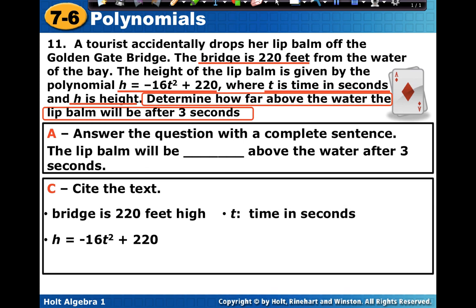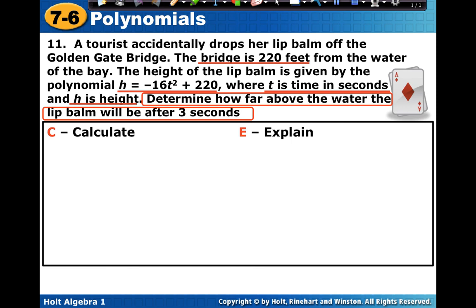The fact that t is time in seconds is important, so we're going to write that in the cite box as well. And then h is the height in feet. So that's what you need to make sure that you have in your cite box. That's the important information from what we're given. So you should have both the answer that's written here and the text that you're citing here before we move on.